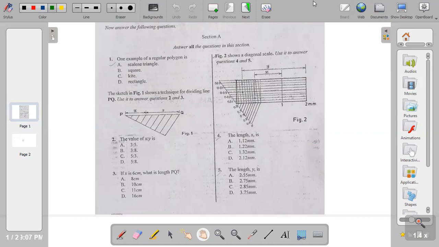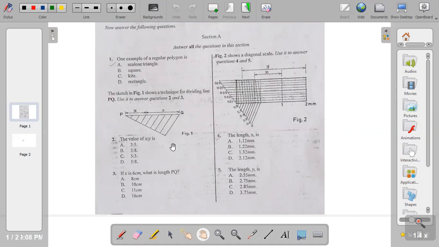Use it to answer questions 2 and 3. As you can see from the drawing, we have PQ, which is equal to X and Y, and is divided into 1, 2, 3, 4, 5, 6, 7, 8. This method is used to divide a line into equal parts.